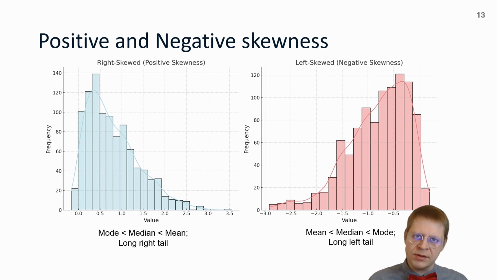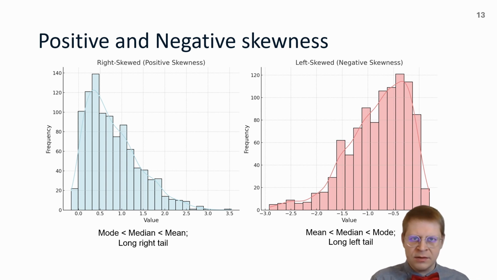Not all datasets, not all features are perfectly symmetrical. In many real-world scenarios, you encounter skewed data. Positive skewness occurs when the tail on the right side is longer, with the mode being the lowest, followed by the median, and then the mean.